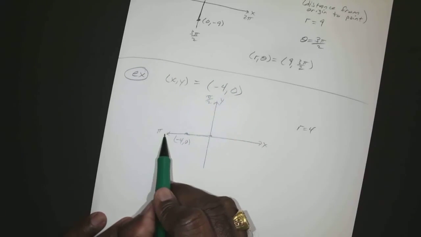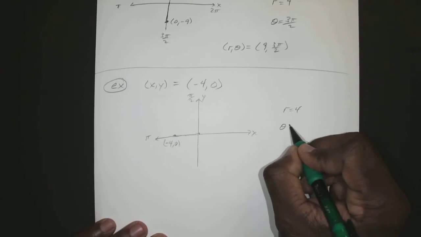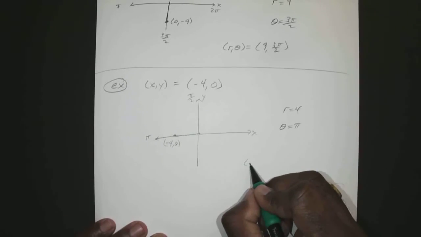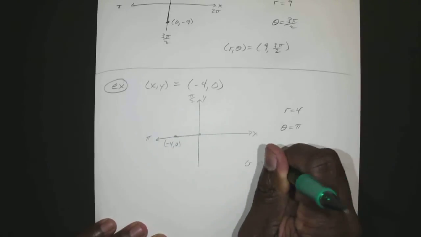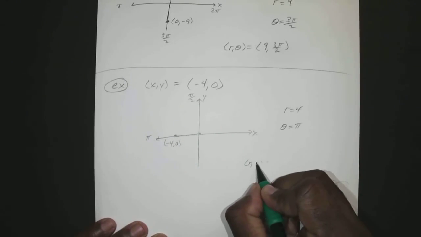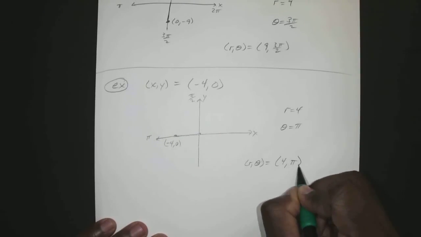And your theta would be pi, since it's on the negative x-axis. Okay, so your r, theta is equal to 4, pi.